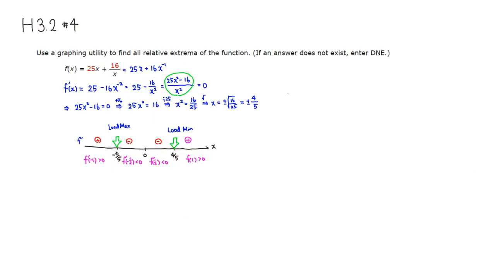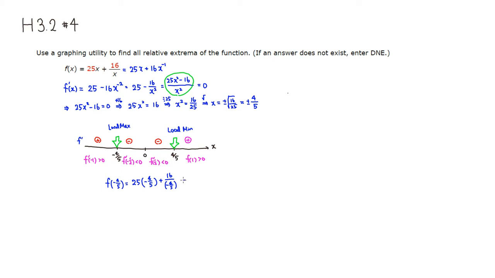At this point we have to find f of negative 4/5. This is going to be 25 times negative 4/5 plus 16 over negative 4/5.